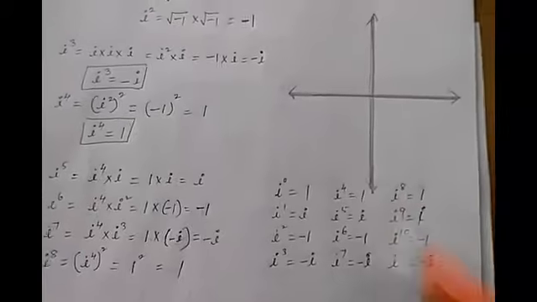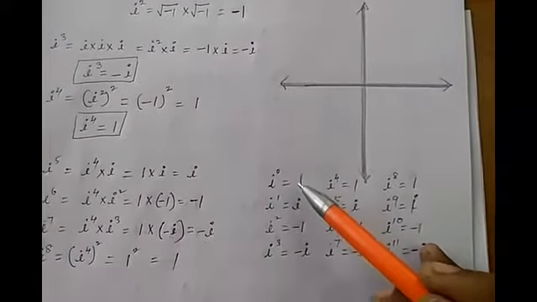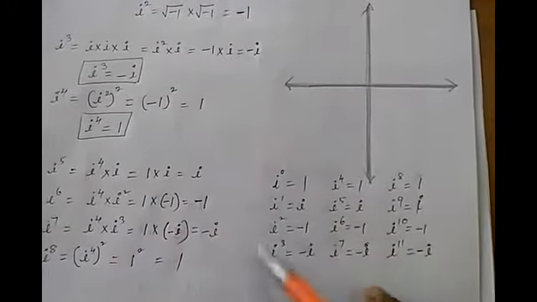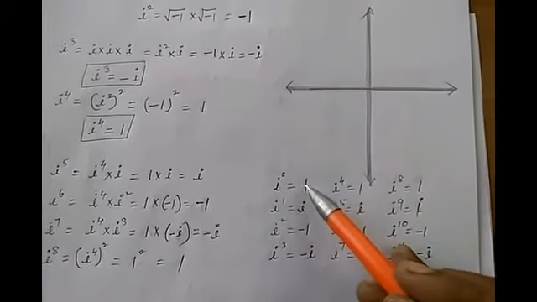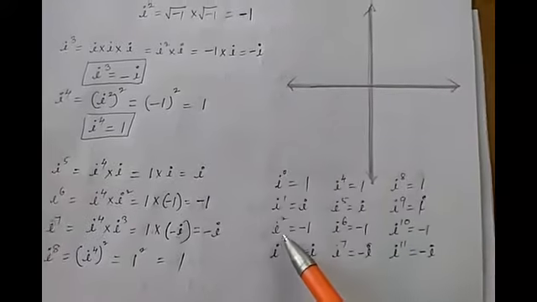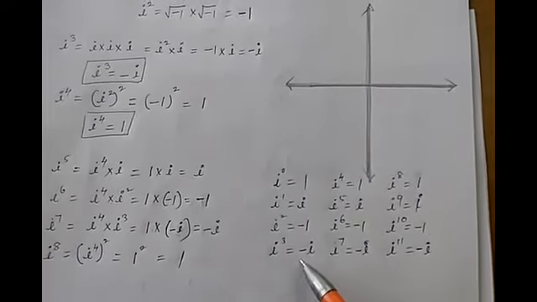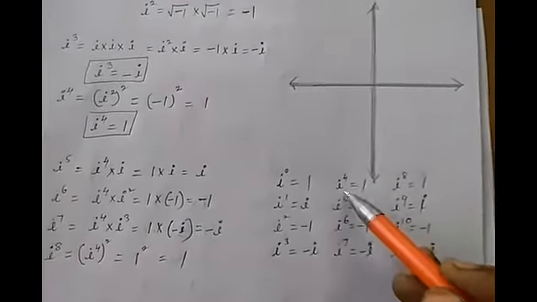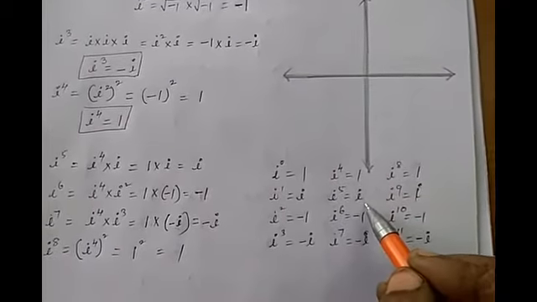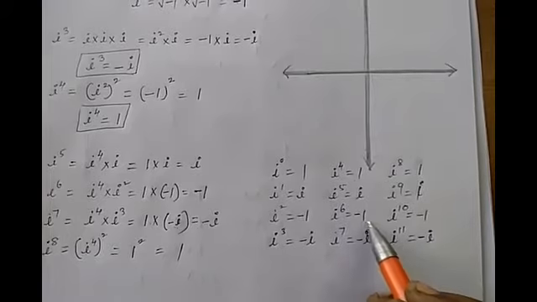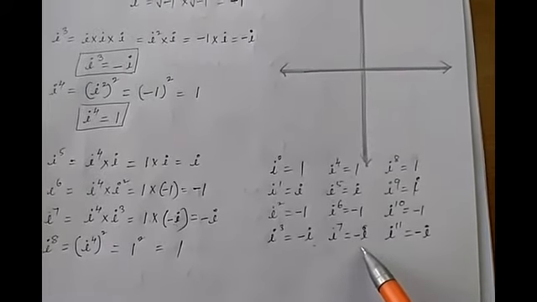It is like a cyclic manner. The integral powers of i are in cyclic order. Let us see. i power 0 equals 1, i power 1 is i, i squared equals -1, i cubed equals minus i. Again i power 4 becomes 1. i power 5 is i, i power 6 is -1, i power 7 is minus i.